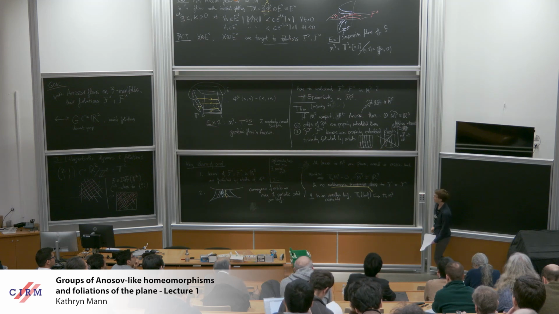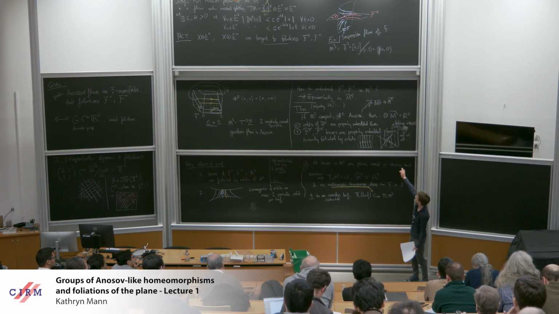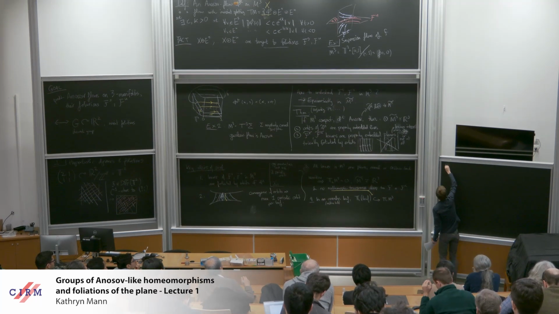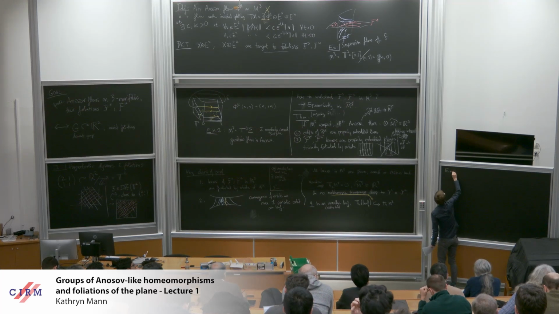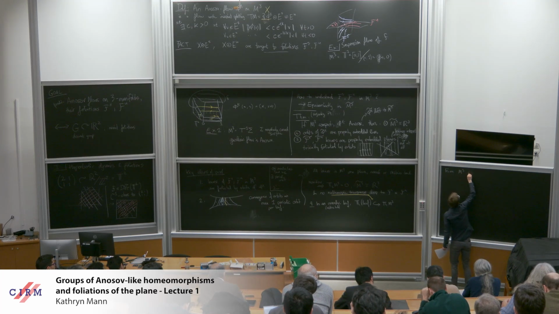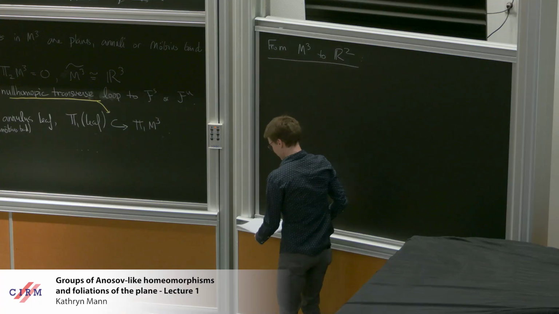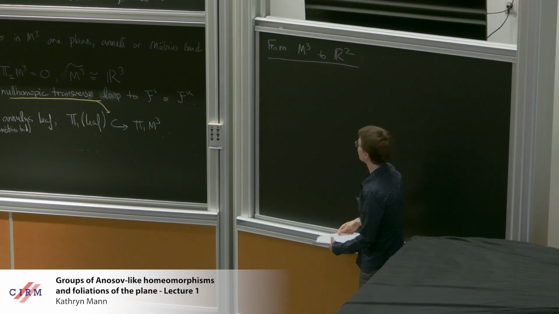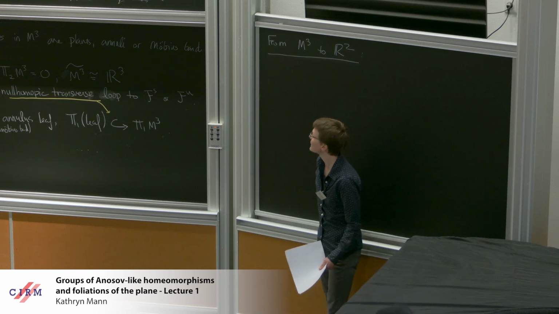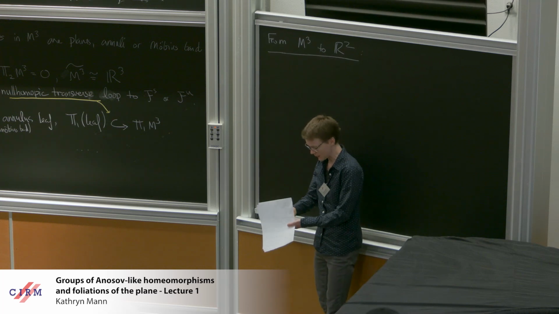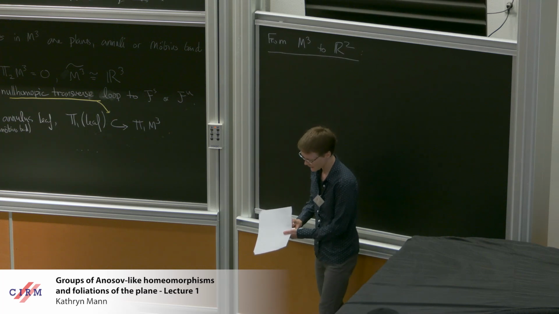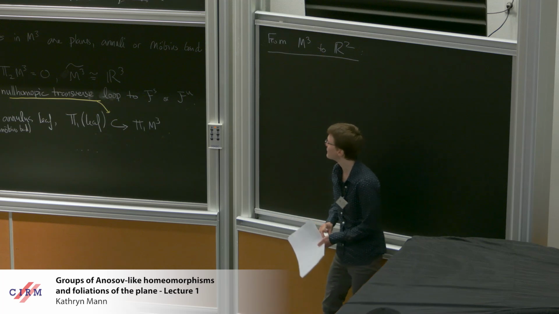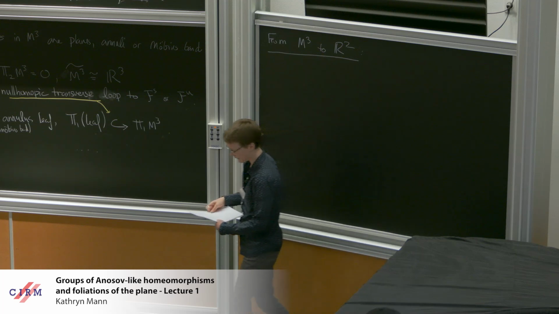Okay, so we've seen the picture here, and now I want to pass, as advertised, from the three manifold to the plane. This is a perspective with hints of it already in some of Verhofsky's work and in older papers of Ghys, but it was really promoted and used heavily by Thierry Barbot and Sergio Fenley.